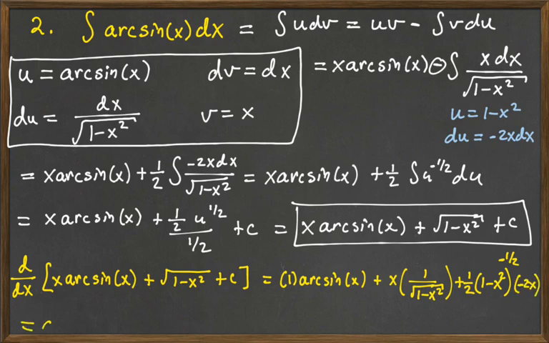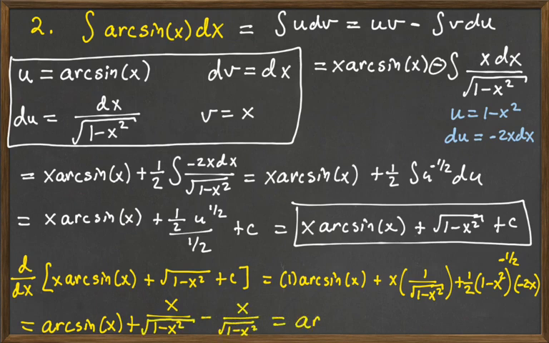Constant of integration goes away. So it's going to be arc sine of x plus x over the square root of 1 minus x squared, and minus the x over the square root of 1 minus x squared. And so we're left with the arc sine of x.